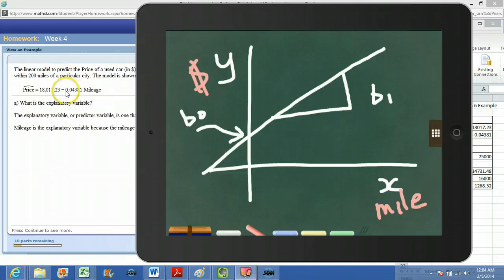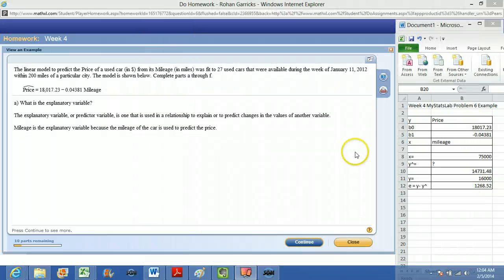Now with a negative coefficient of mileage, it would be going in this direction, but this was just to recall the relationship between x and y. Now, what is an explanatory variable? Essentially, it is one that is used in a relationship to explain or to predict changes in the value of another variable.